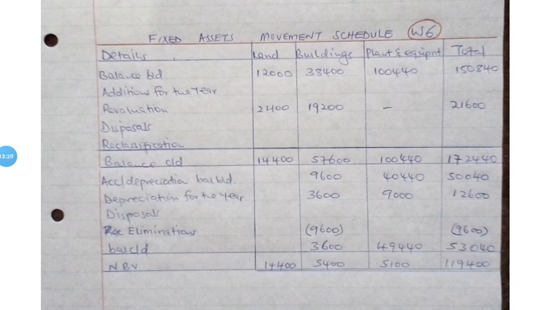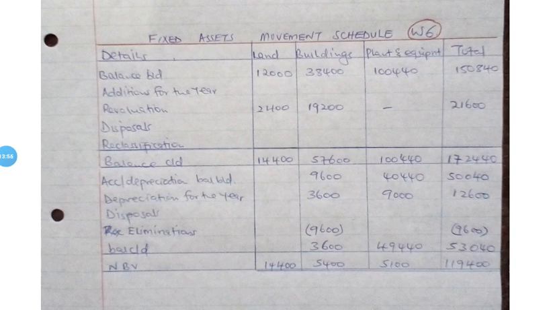The item we have for disposal above, between revaluation and reclassification, represents the asset that was disposed in the course of the year. In most cases we dispose at cost, so we deduct this figure at cost.